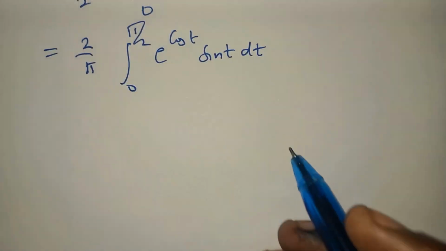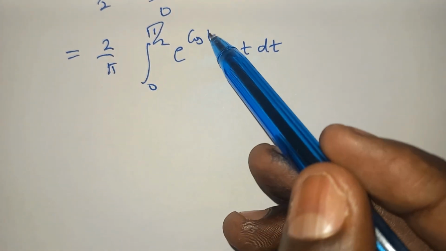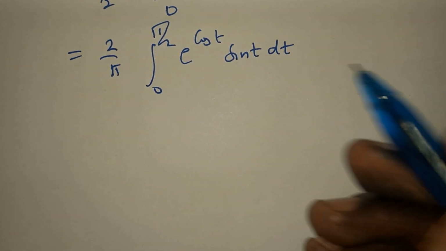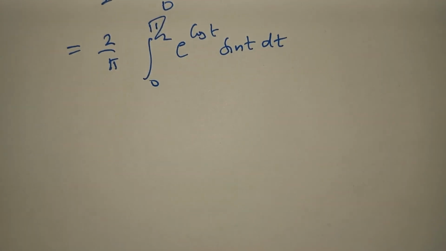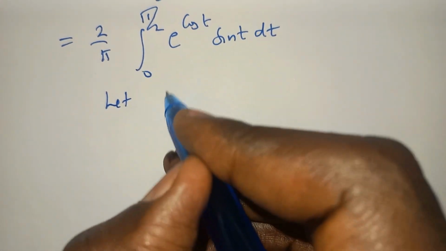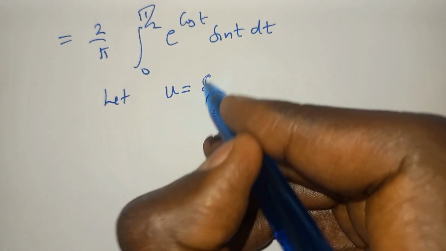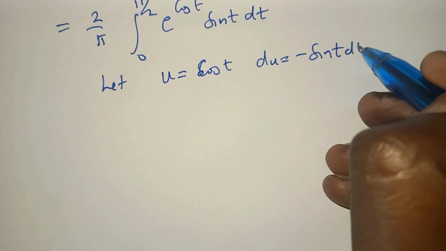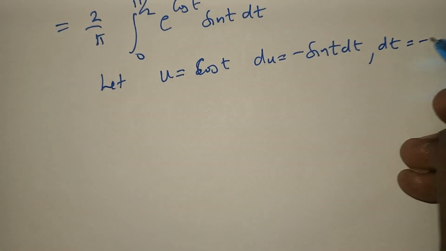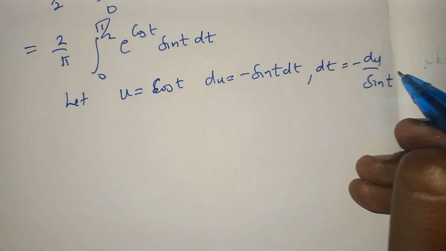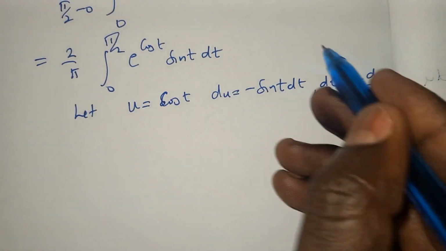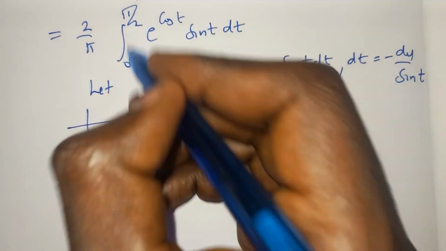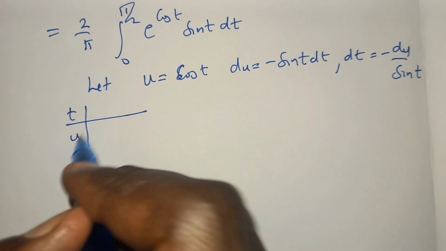Now, we can see clearly that we can apply substitution to determine this integral. So if we let u be cos t, du will be negative sin t dt, so that dt is negative du over sin t. So if we substitute all this, of course we need to also change the limits of integration from t to u.